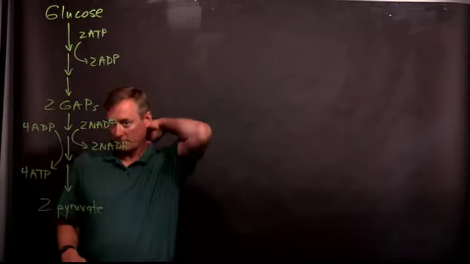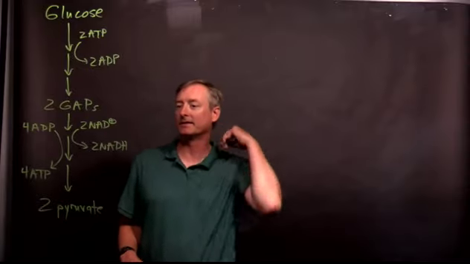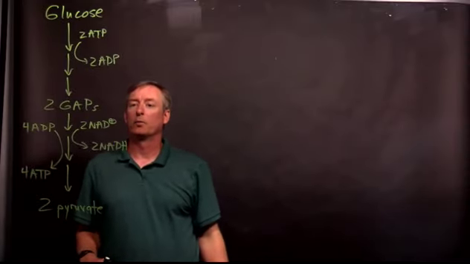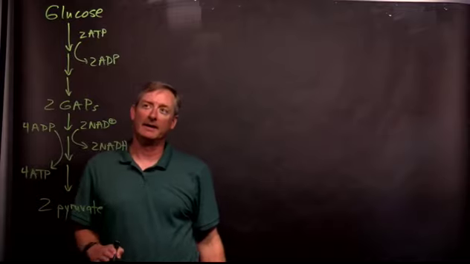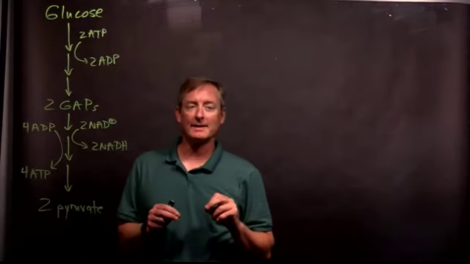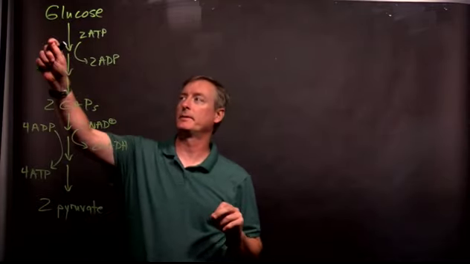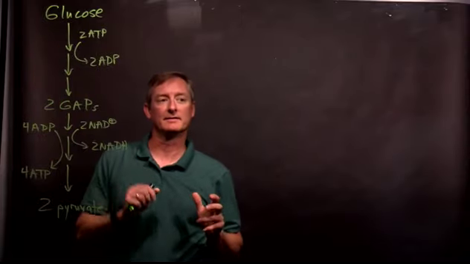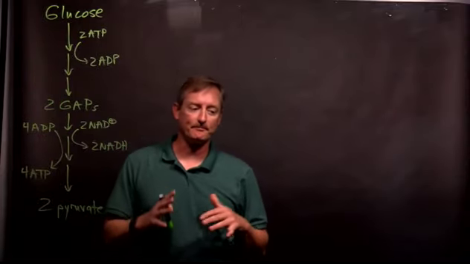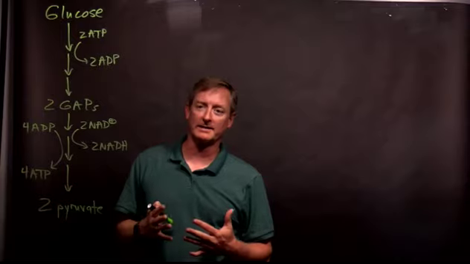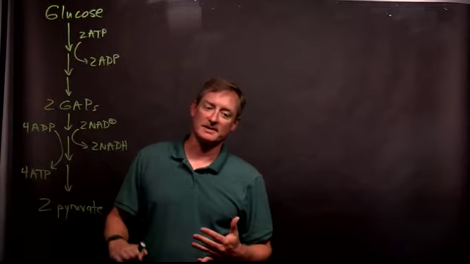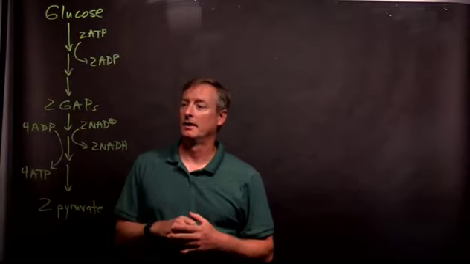Now, when we think of glycolysis, we said that the rate limiting step is up here at phosphofructokinase. So that's the slowest step, and that's a highly regulated step because it can determine the speed of glycolysis.